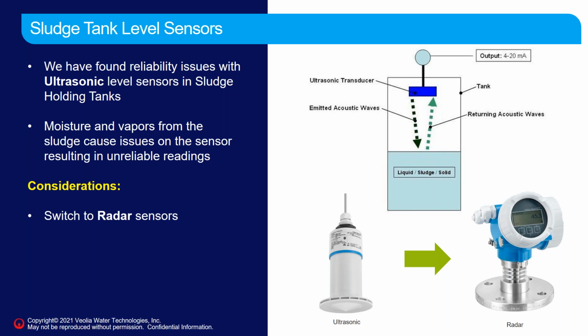So radar has been a good solution. If you have some old ultrasonic level sensors in sludge tanks, or tanks with a vapor space that has moisture in it, you may want to consider switching to radar, because that will be a much more reliable level reading.